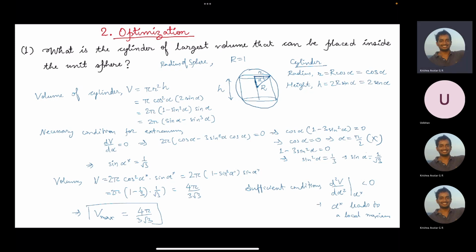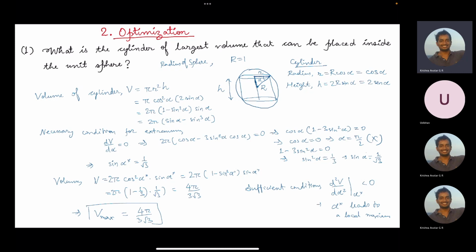So let's fit it. We very well know that a cylinder is defined by two parameters, radius and height. Before that, I must tell you that we first express r and h in terms of capital R, but for that we need some angular measure.